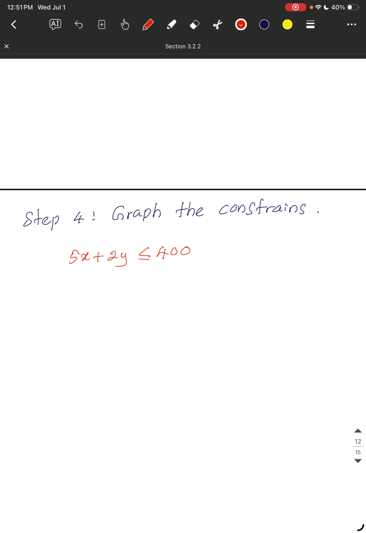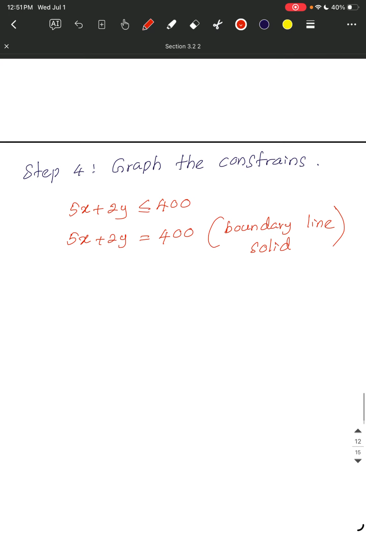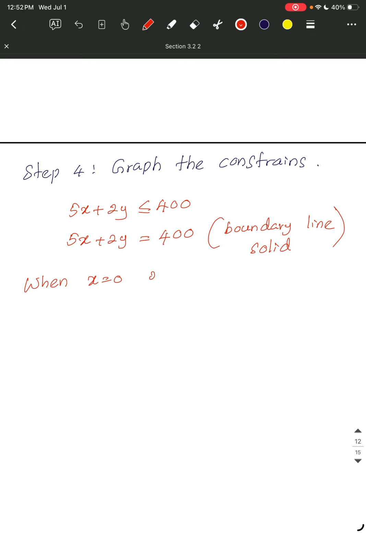We know that to draw the inequality, first we want to find the boundary line. The boundary line should be the equation. Also a solid boundary line because of the equality sign here. Then when x equals 0, 2y equals 400, y equals 200.